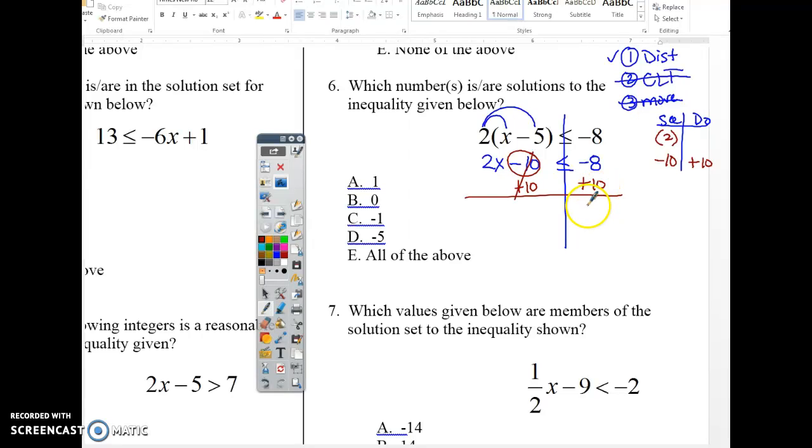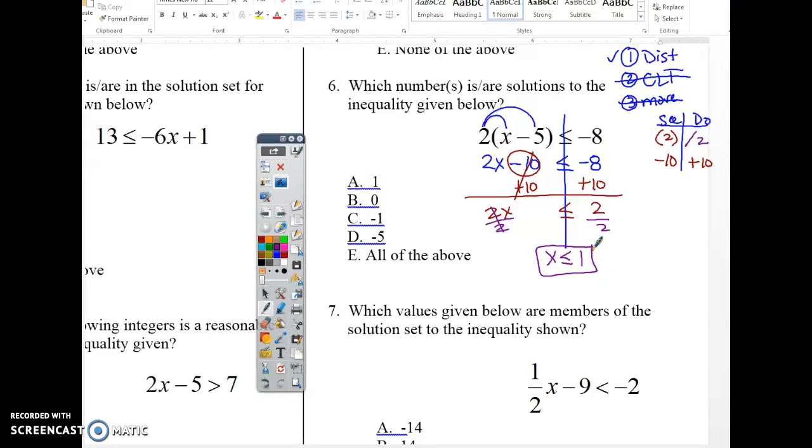Negative 8 plus 10 is a positive 2. Bring down the symbol, bring down the 2x. Instead of multiplying, I'm going to divide by 2 on both sides. This one cancels. X is less than or equal to 1.